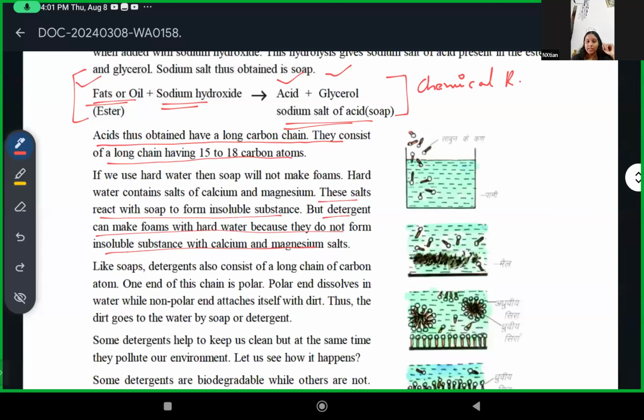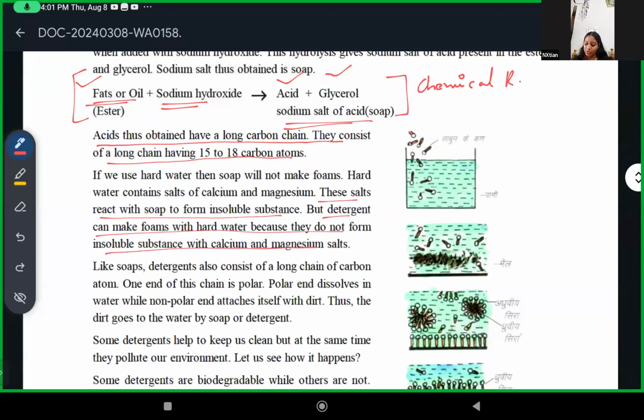Some places have hard water, so if you use soap there, the soap will not make foam. But with soft water, the soap will make foam.